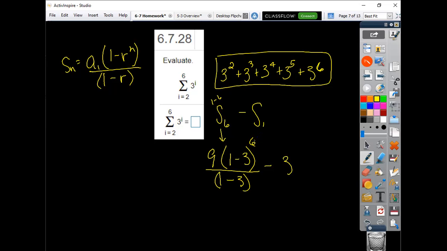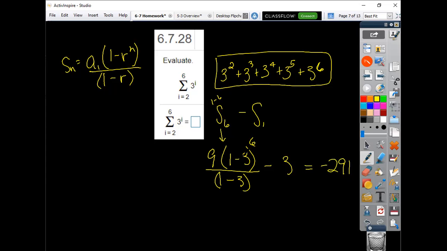And in the denominator, the 1 minus the 3. And then outside of the whole fraction, that minus 3, and I'm coming up with a negative 291. That doesn't seem like that can be right.